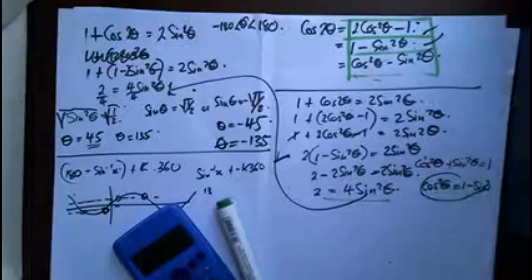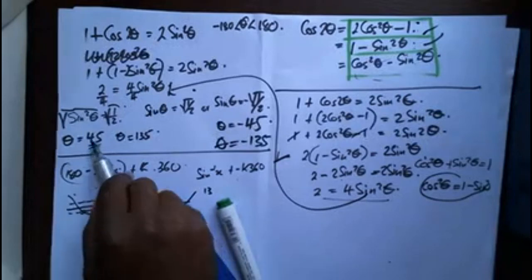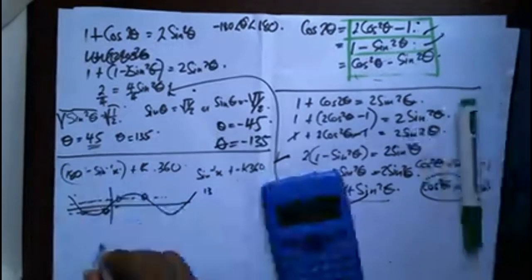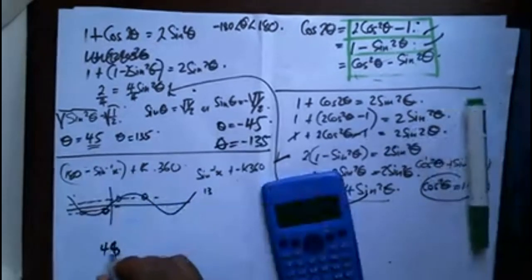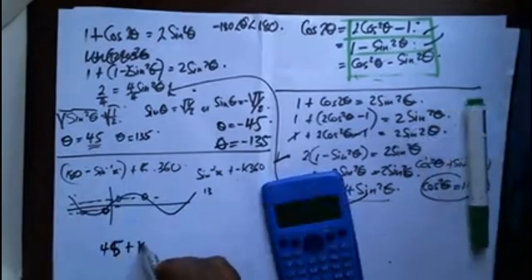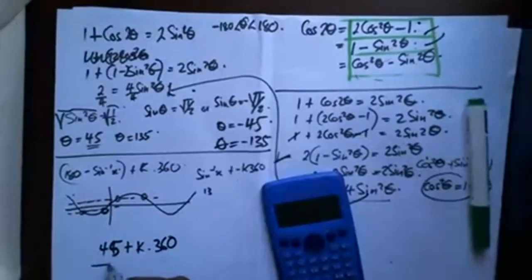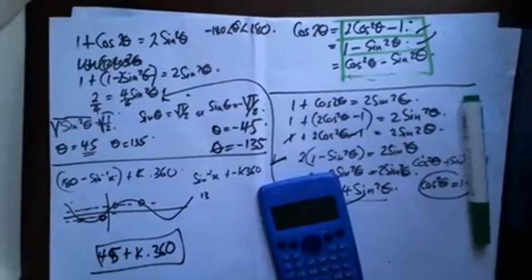Sine 2 theta is equal to cos 2 theta. Right? You can just write the general solution, if you are asked for the general solution. In this case, I can just write that the general solution is 45 plus k times 360 instead of finding the particular solution. So you can attempt this now.